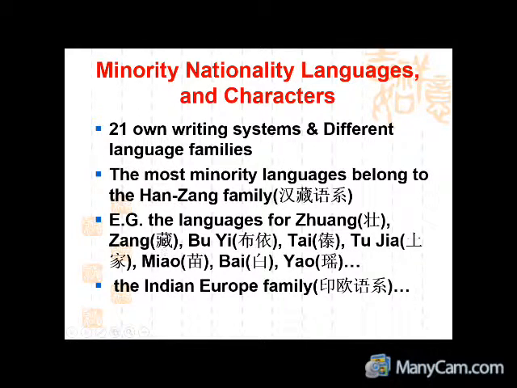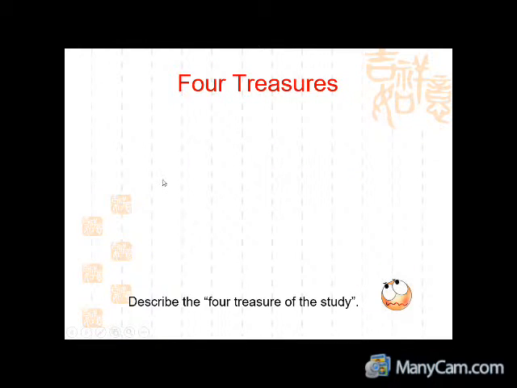Some are quite complex like that. Some can be simple by miao jia. Again, pu jia, miao by yao, tai, bu yi, zhang zhuang, and all this stuff. You can ignore them now.